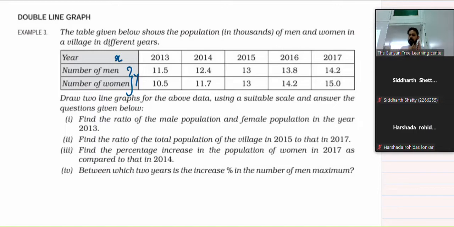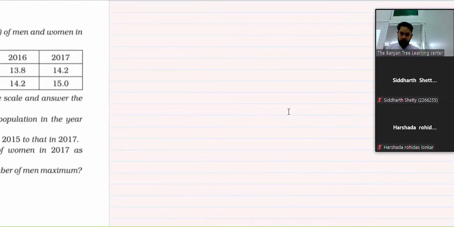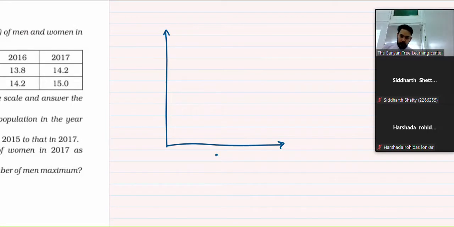Second thing, on y-axis you have to plot population in thousands. Suppose you draw the graph like this, then below x-axis you will write year, with a kink of course, and on y-axis you will write population.